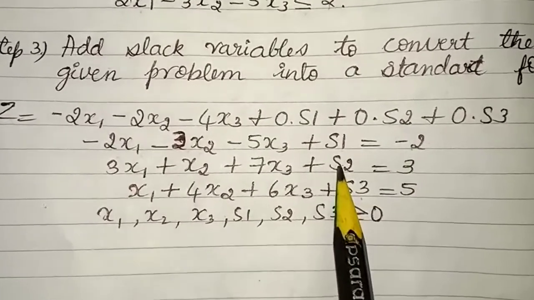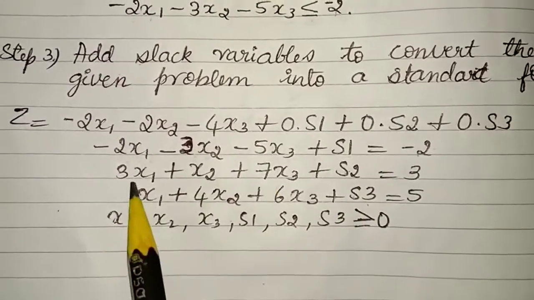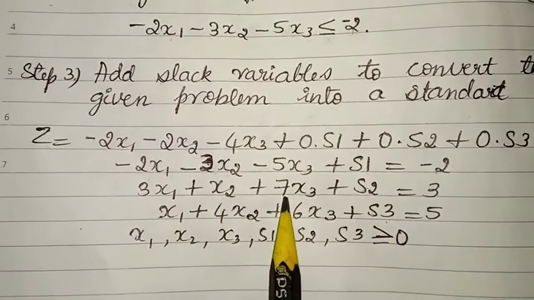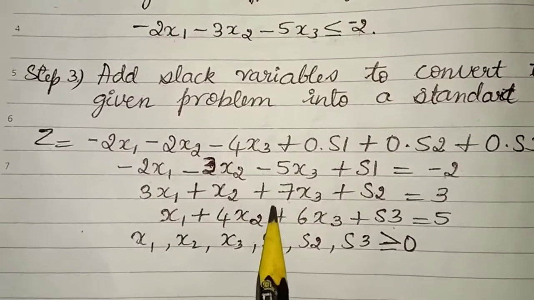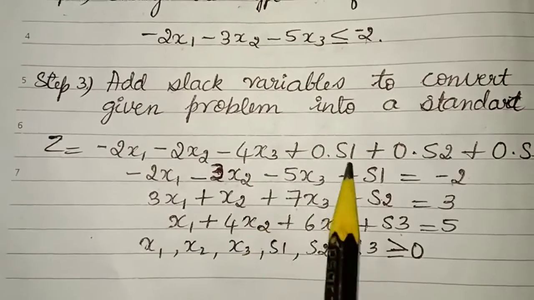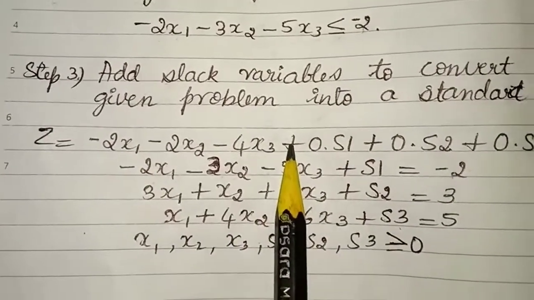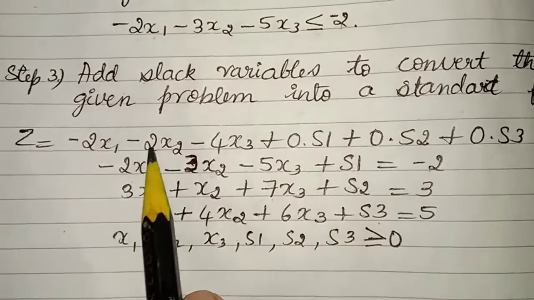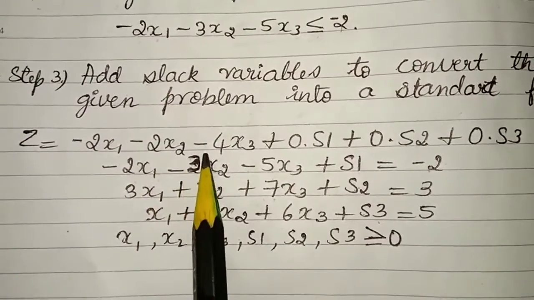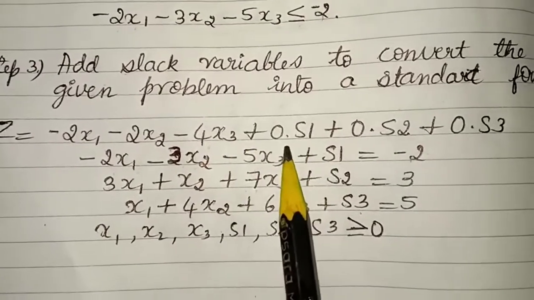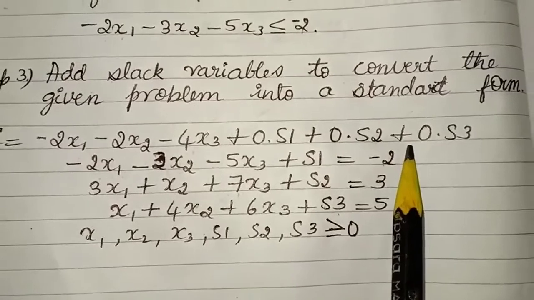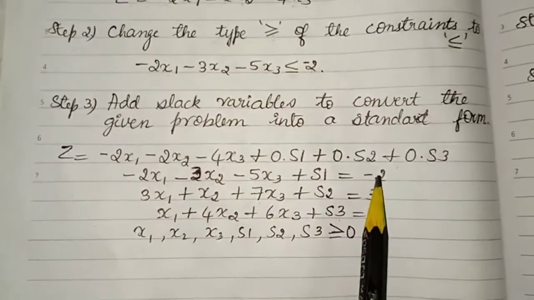Similarly, you add s2 and s3 for the second and third equations. When you add slack variables to the constraints, you also have to add them to the objective function. So the objective function will be z equal to minus 2x1 minus 2x2 minus 4x3 plus 0 into s1, 0 into s2 and 0 into s3. So this is the third step.